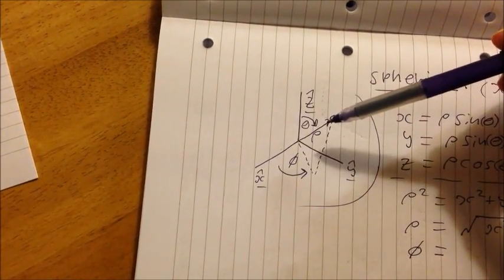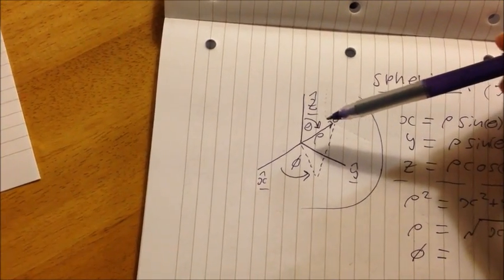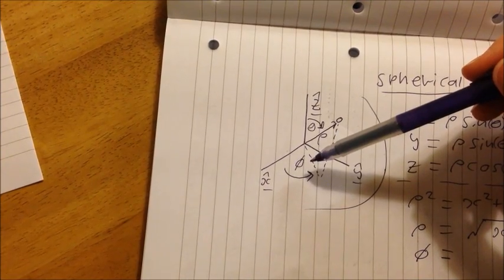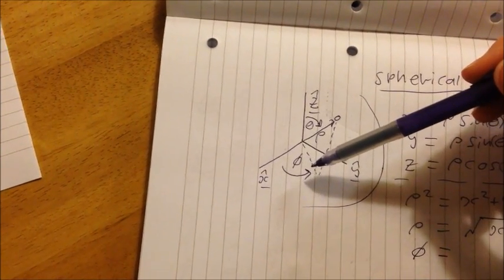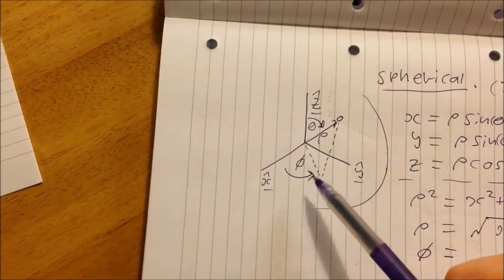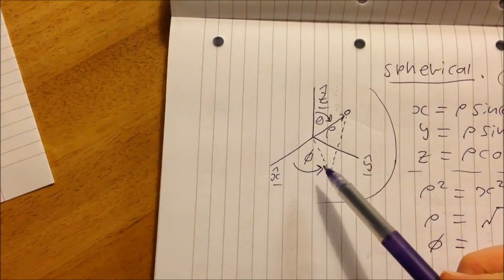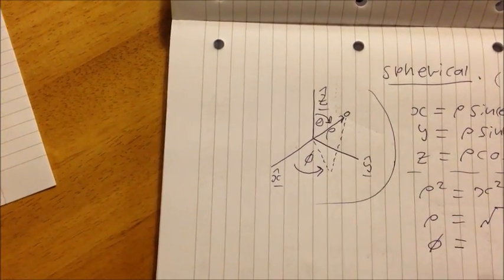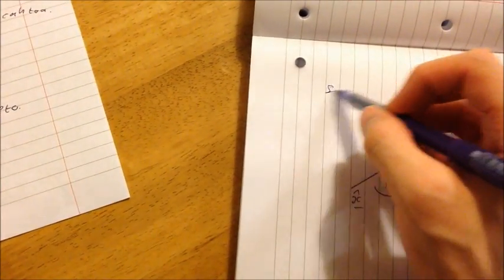Using some trig, phi is in the xy plane only, so it's sort of a 2D problem again. This is pretty easy. You can remember SOHCAHTOA.